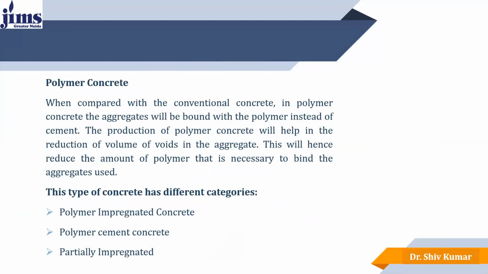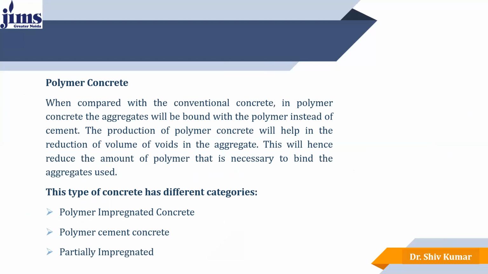The next is polymer concrete. Compared to conventional concrete, in polymer concrete the aggregates are bound with polymer instead of cement. The production of polymer concrete helps in reducing the volume of voids in the aggregates.